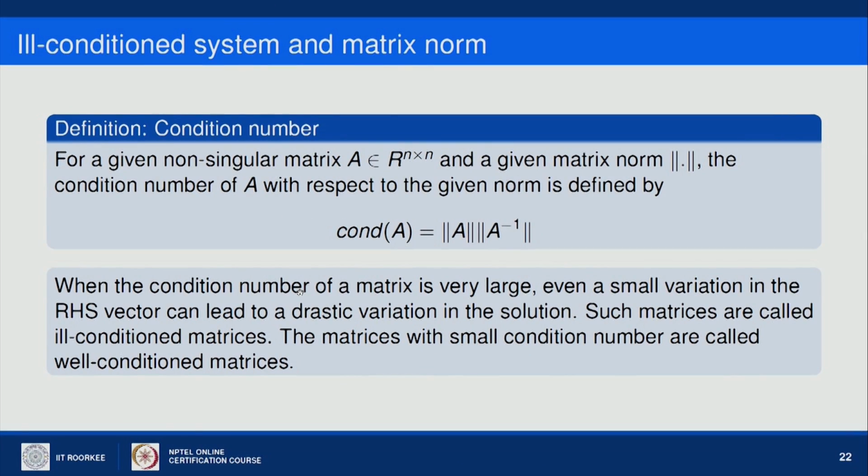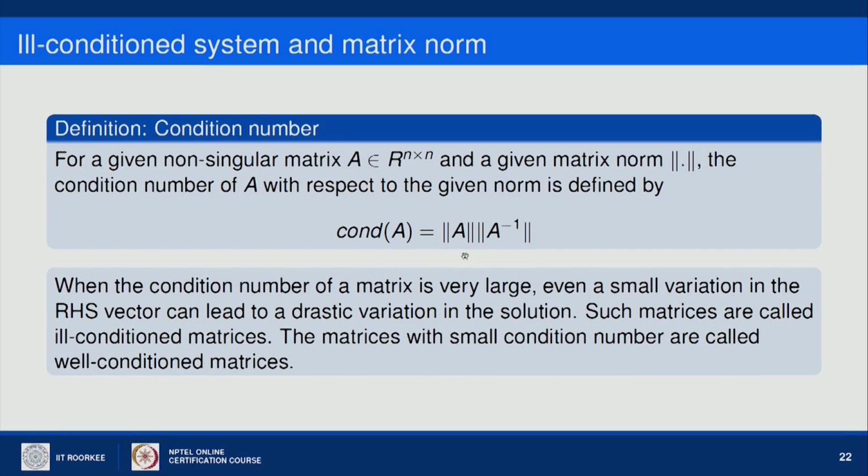So, based on this idea we can define the condition number. For a given non-singular matrix A, having real entries and of size n by n, and a given matrix norm, the condition number of A with respect to the given norm is defined as norm of A into norm of A inverse.